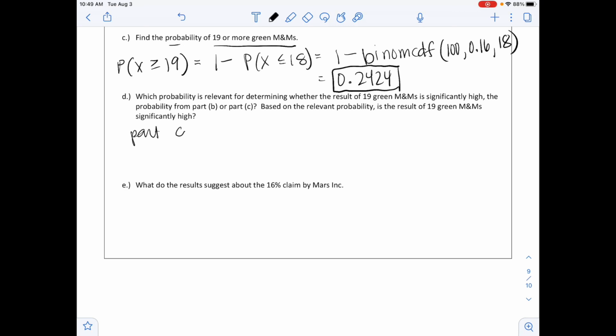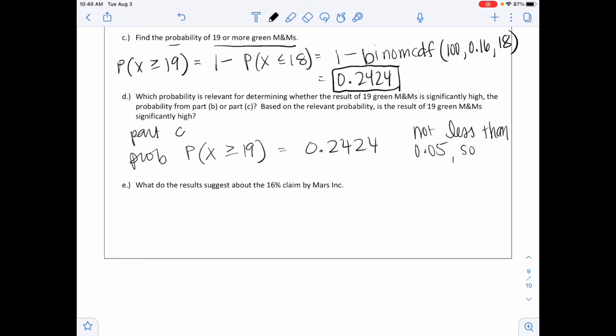It says, based on this, is the result of 19 green M&Ms significantly high? Our probability of X greater than or equal to 19 is equal to 0.2424, which is not less than 0.05.